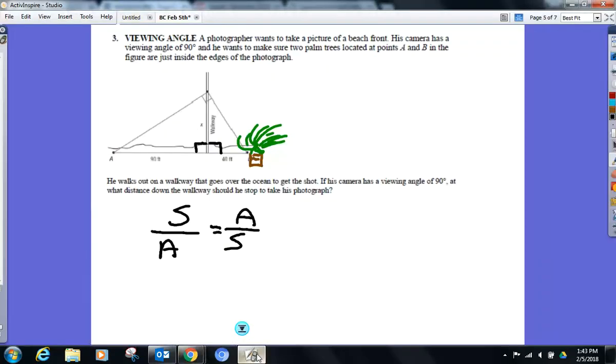Number 10, here you go. What's a segment here? 90. How about the altitude? That's the walkway, X. And the other segment? 40. Yep.